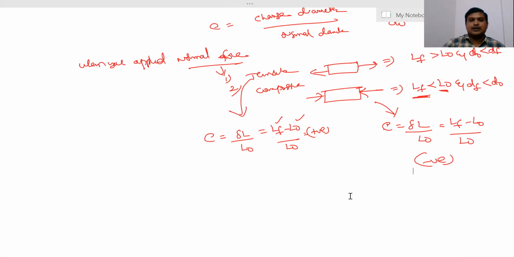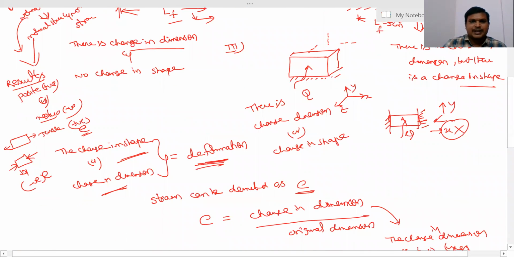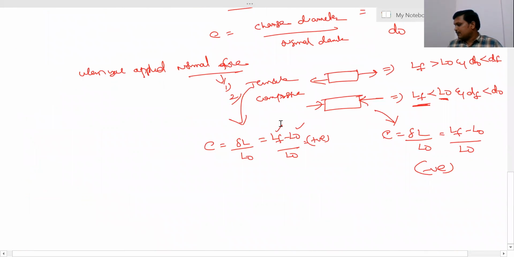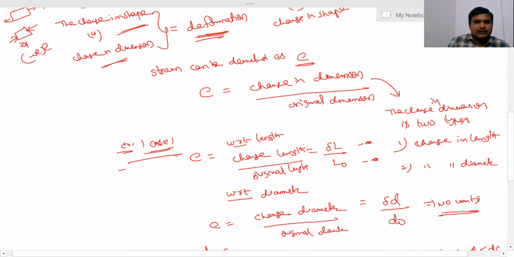Is it clear? This is an explanation for case 1, entirely case 1.